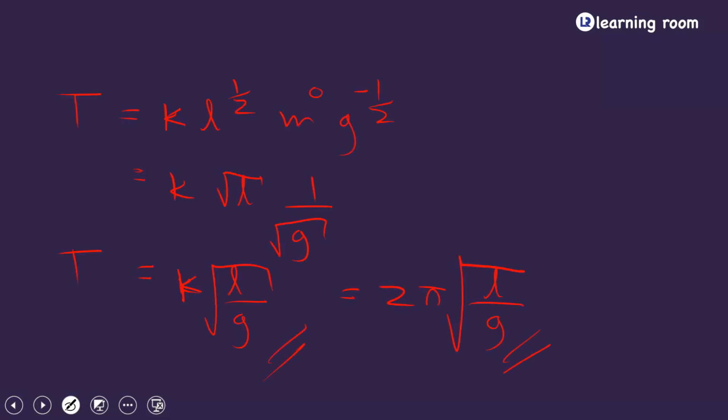Also, the value of the constant cannot be figured out using this method only. This method is not giving that, so my constant value is not telling me.